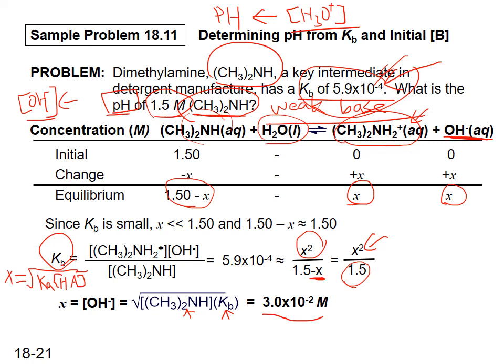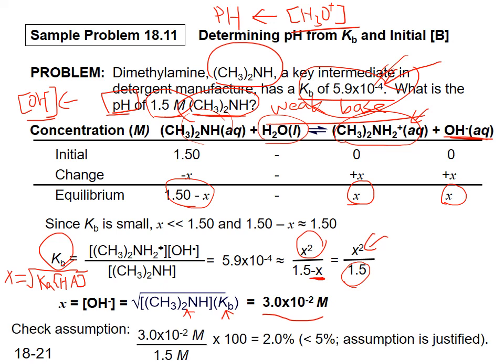Before we go on to calculate the hydronium ion, let's justify our assumption that x can be negligible. We use x divided by the initial concentration, which gives you 2%. It's very small, and our assumption is justified.